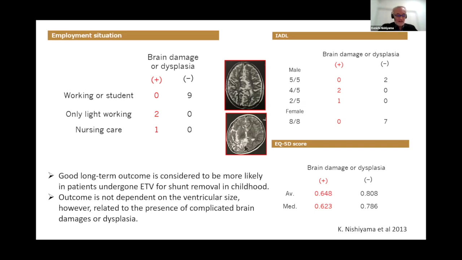Outcome is not dependent on ventricular size, but is related to the presence of complicated brain damage or brain dysplasia. Hereby, I am convinced endoscopic CSF diversion should be considered as the first choice for treatment of shunt malfunction.